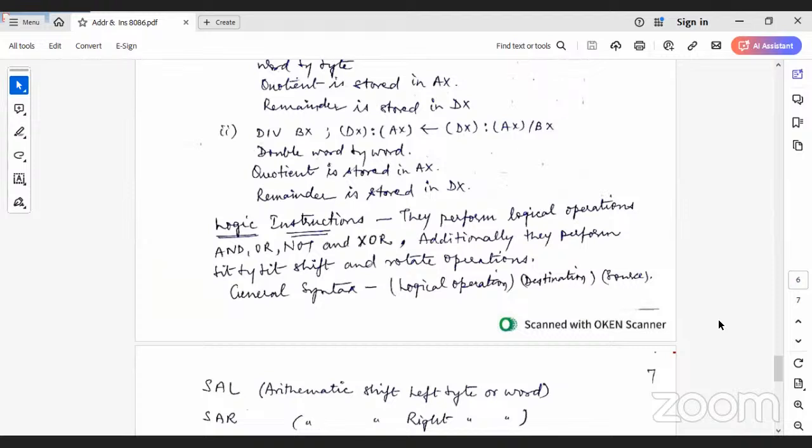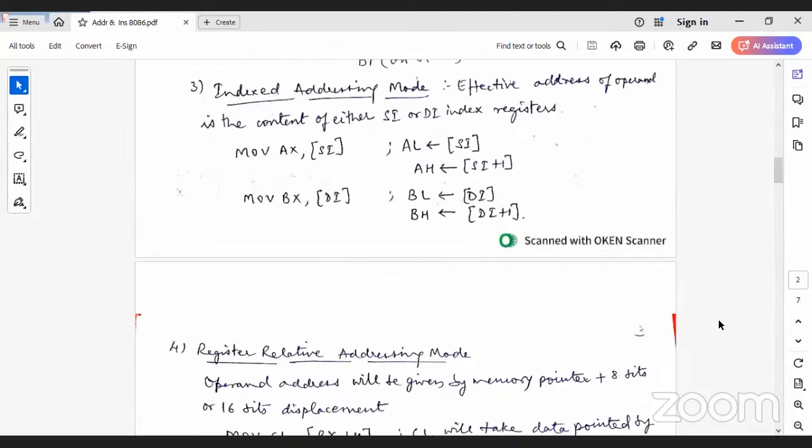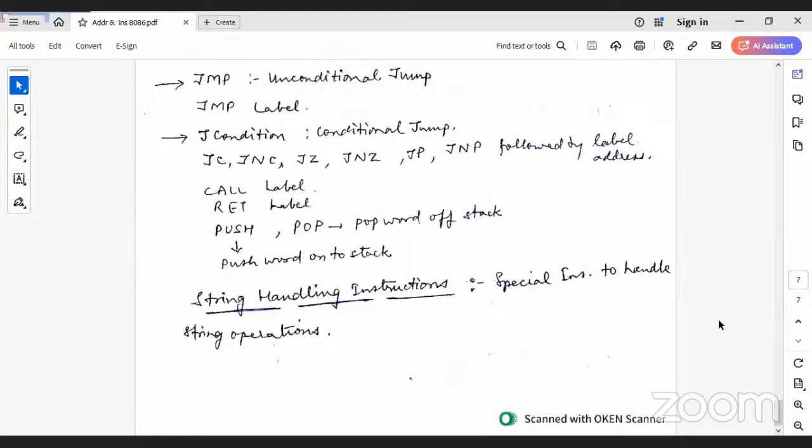In your textbook, they have given the examples just as we discussed for your data transfer and arithmetic operations. They have given an example for each one of them. So you can go through that. When you are writing the answer, it is needed because you cannot write like this.